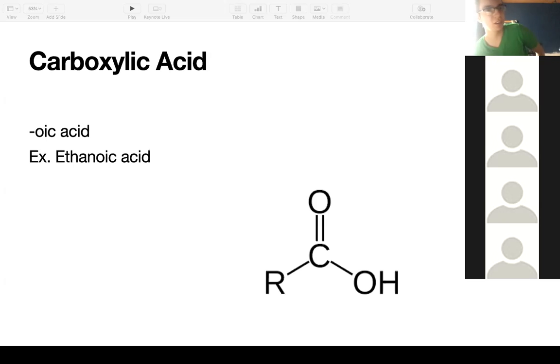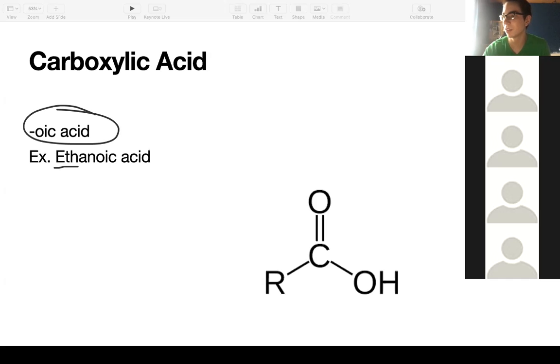So the first one we're going to look at is the carboxylic acid. We identify it when we write it as oic acid, and an example is ethanoic acid. So what does eth indicate, if we're trying to draw out ethanoic acid? 2.